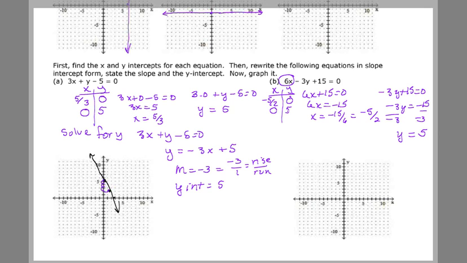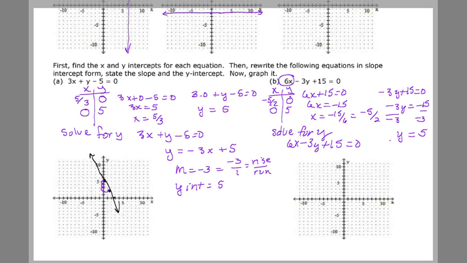So I have the x-intercept and the y-intercept, and I could use those points to graph it, but now let's take this and rewrite the equation in slope-intercept form, which means we want to take that equation and solve it for y. So 6x minus 3y plus 15 equals 0. Let's work on solving that for y.